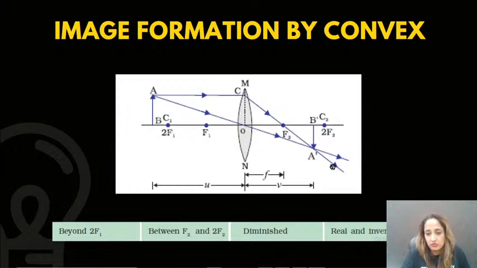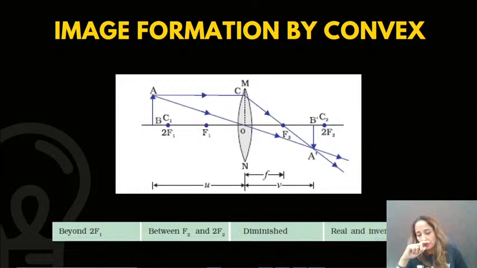Okay, so where they both are meeting, this is the point, A dash, where both the converging rays are meeting, and this is where the image is formed. Okay, so the image is formed between F2 and 2F2. You see these 2 points, F2 and 2F2. Here is the image formed, and the image size is very small as compared to the original one. And what is the nature of this image? It is real and inverted.